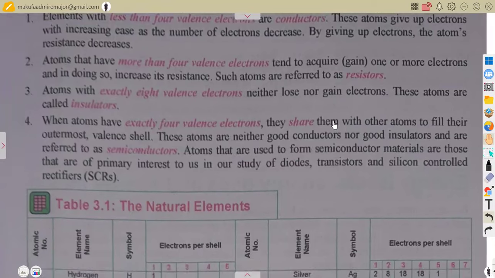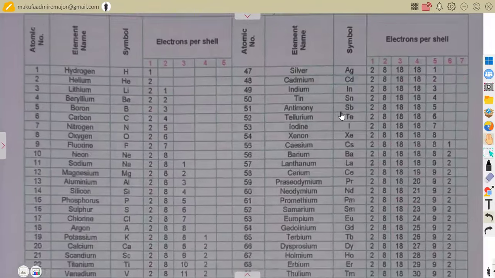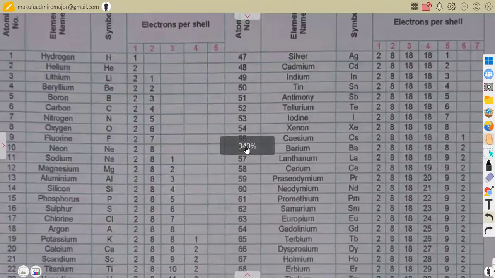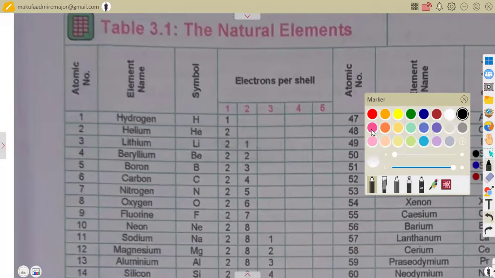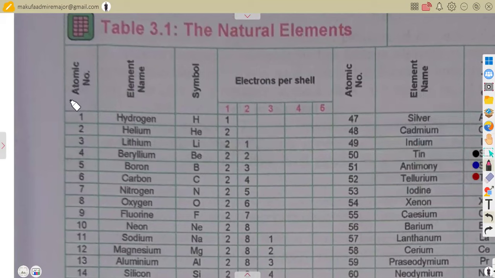I want you to go through those properties. From the natural elements that you have, we can know the atomic number of each element and also the symbols. The atomic number 1 is hydrogen, and this is the symbol for hydrogen.